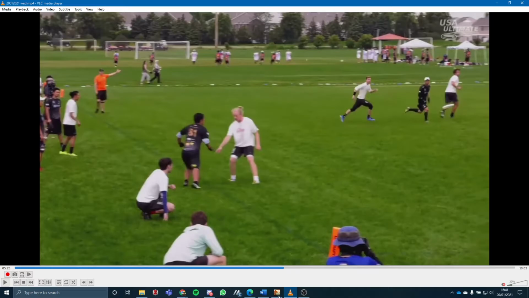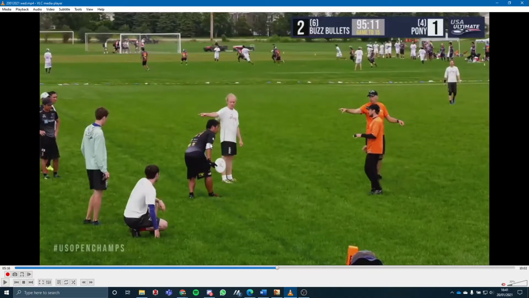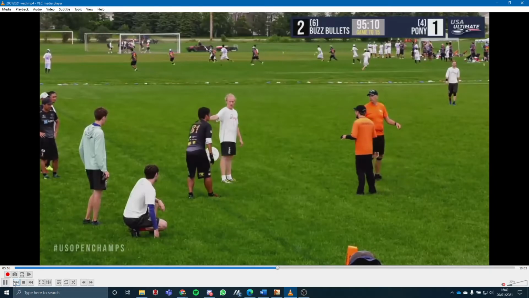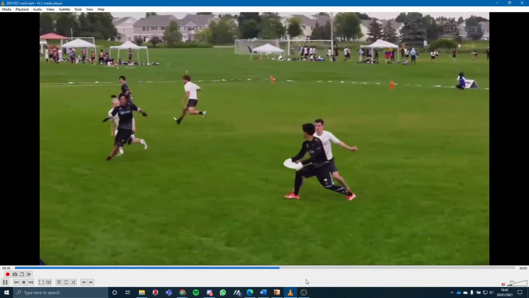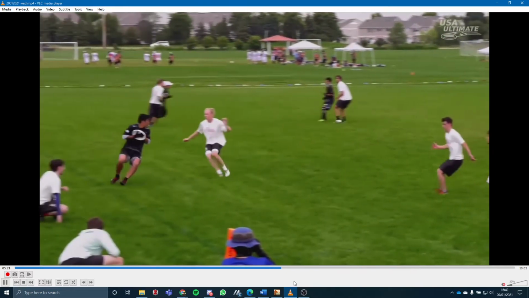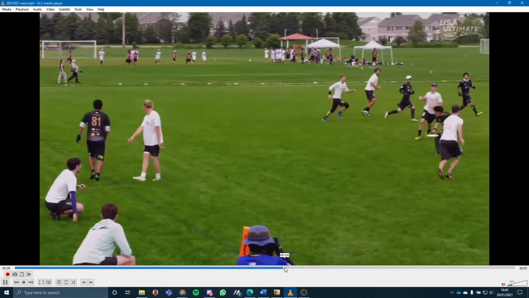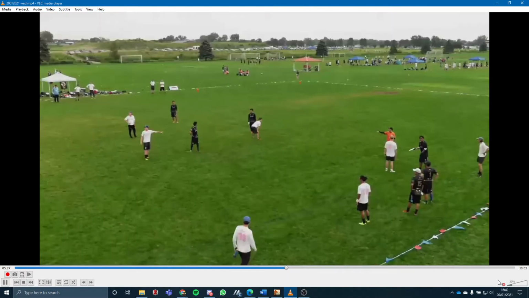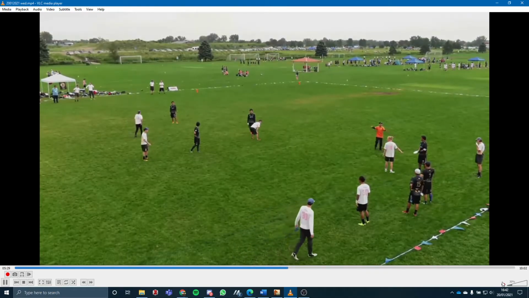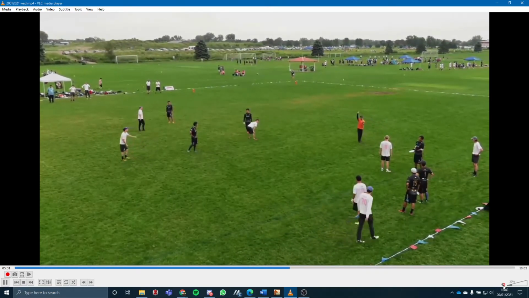He doesn't have to tap it in, whereas they play that you have to tap it in because this is the US Open and the USAU rules are slightly different. I can't remember. Cool. So that was a very long thing about travels, but I hope that makes sense. So we can now move on to the next one.